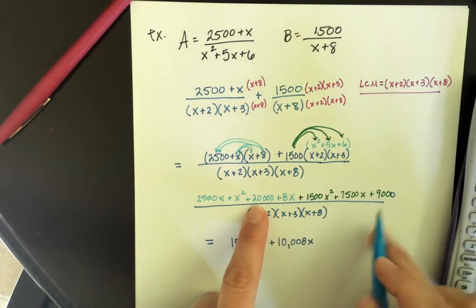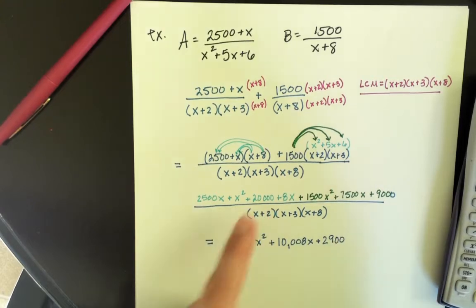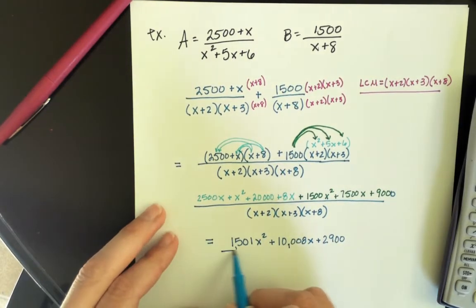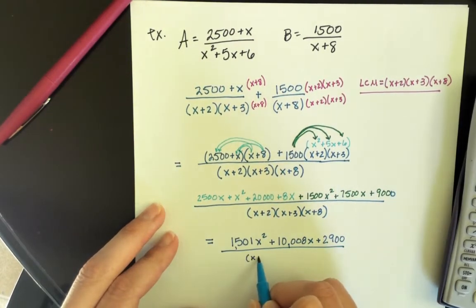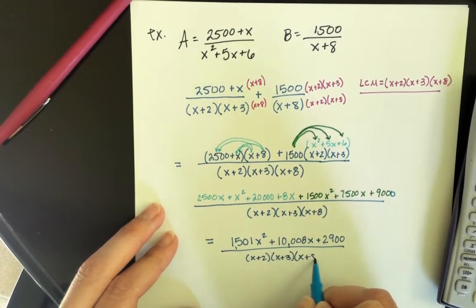So 20,000 and 9,000 give us 29,000. And that's all over x plus 2, x plus 3, x plus 8.